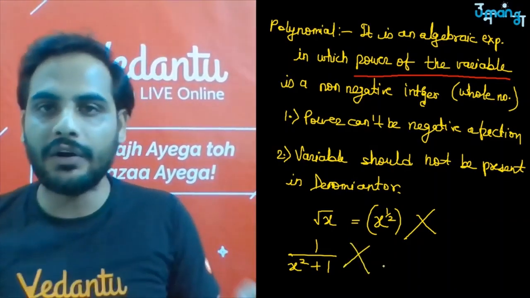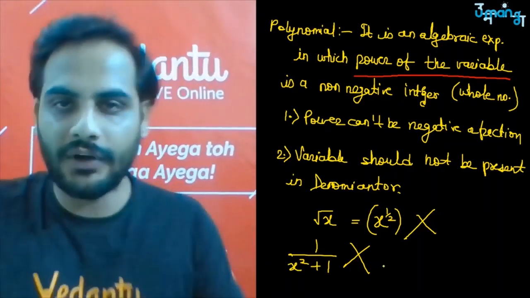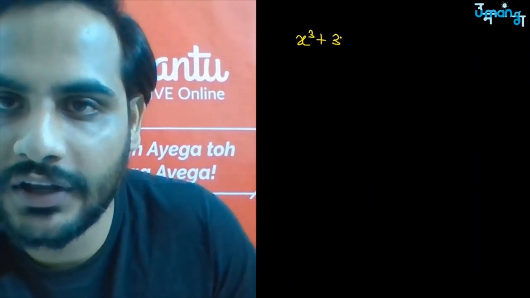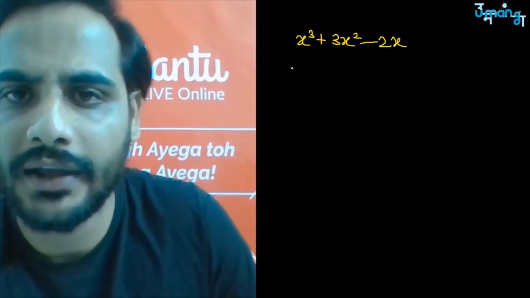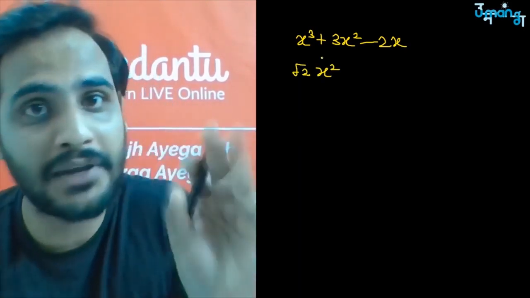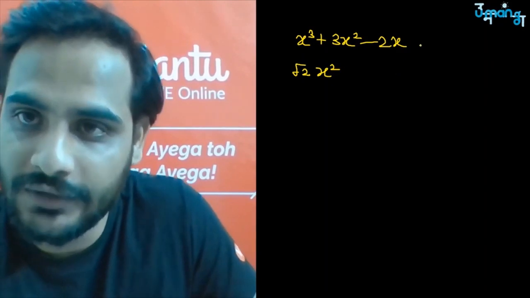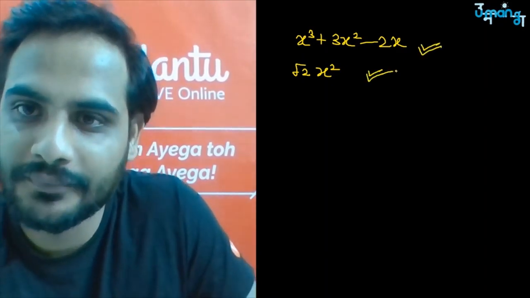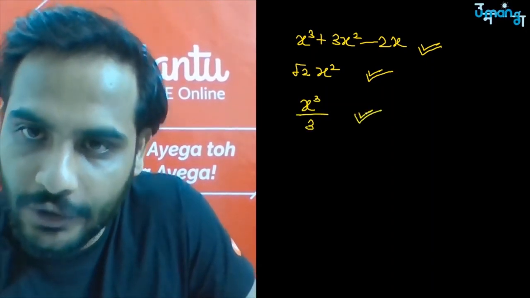So the power of the variable should be a whole number. What is an example of a polynomial? Let's say x cube plus 3x square minus 2x, a polynomial. You can say square root of 2 x square. The coefficient can be irrational; the number can have any power, so it will also be a polynomial. x cube by 3 is also a polynomial.